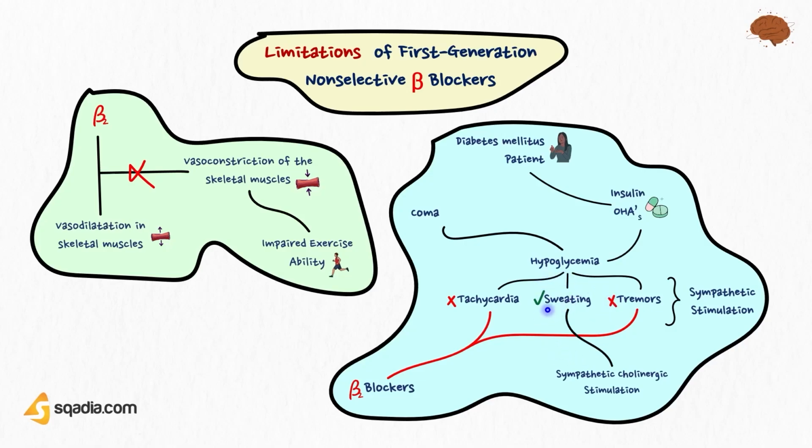Sweating, however, proceeds because it is controlled by sympathetic cholinergic stimulation and not only the sympathetic stimulation. So non-selective beta blockers are contraindicated in diabetes mellitus patients. It is the second limitation, because the patient might end up in coma due to decreased symptoms of hypoglycemia, which are tachycardia, sweating, and tremors.